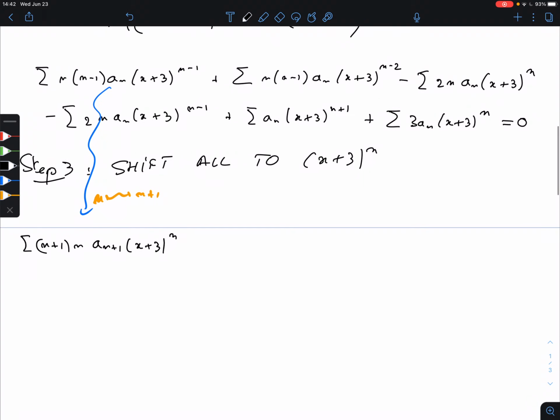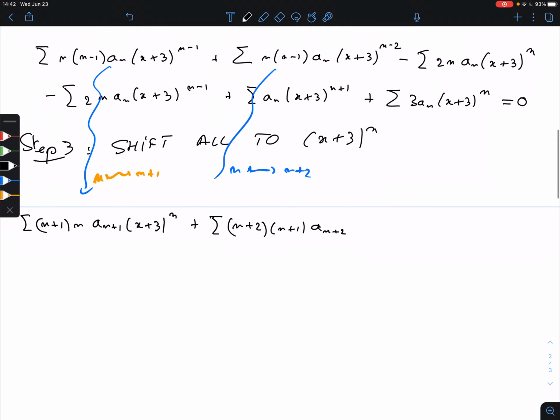That is now correct, it's shifted correctly. The next one I have to shift n to n+2. So we get summation (n+2)(n+1) a_(n+2). Don't forget to do that index as well, right? And then we get (x+3)^(n+2-2), so double checking, yes, that works. The next one, I don't need to do anything. It's nice, we just copy.